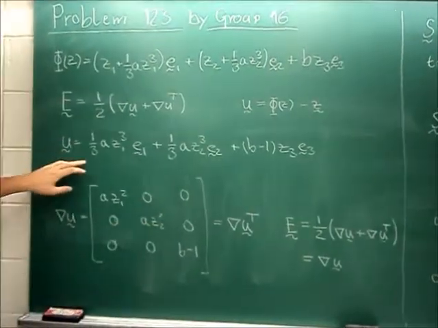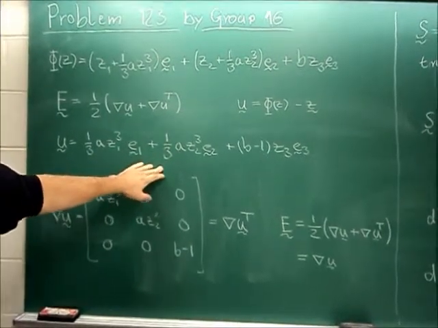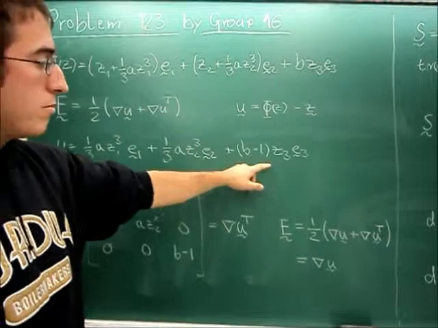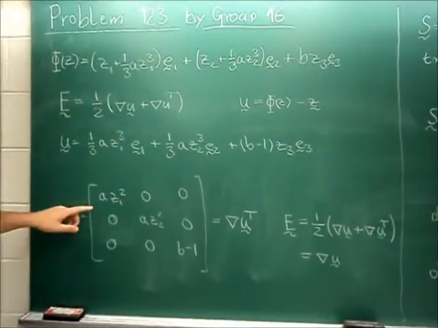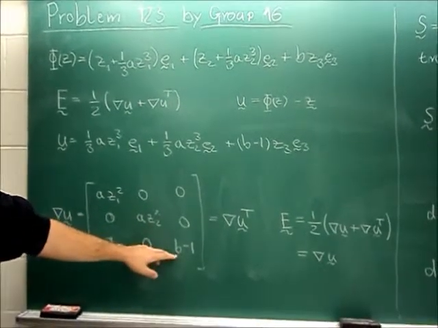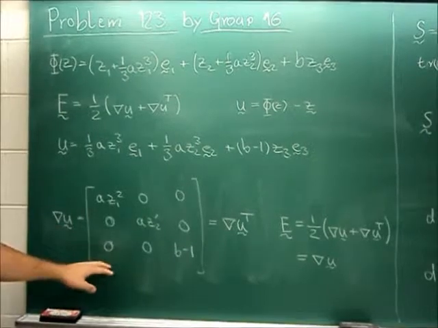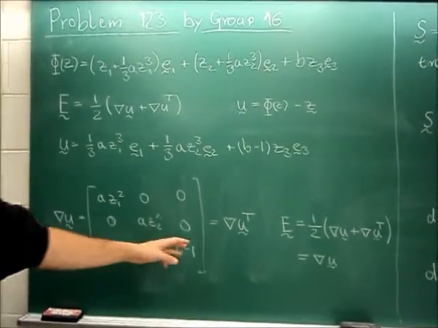So we get u equals 1/3 a z1 cubed e1 plus 1/3 a z2 cubed e2 plus (b minus 1) z3 e3. Taking the gradient of that, we get a z1 squared, a z2 squared, and b minus 1 on the diagonal, everything else being 0. This is again a symmetric tensor, so that is also equal to its transpose.